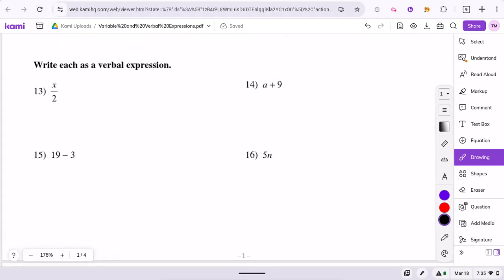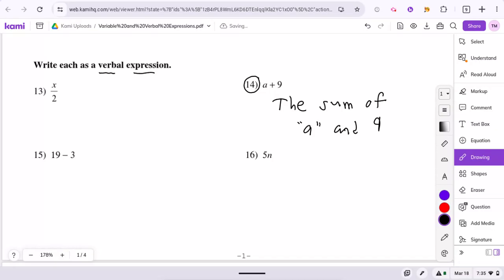Now we're going to do these. These are writing these as verbal expressions, so with words. So if you were to tell somebody what this was showing, what would you tell them? So there's a couple of different ways to write this one. I could write this first one, number 14, the sum of A and 9.